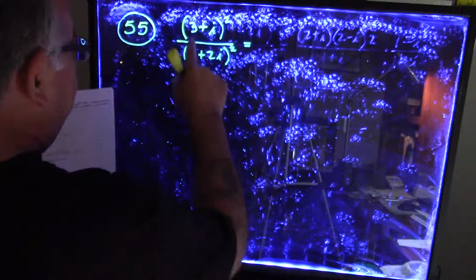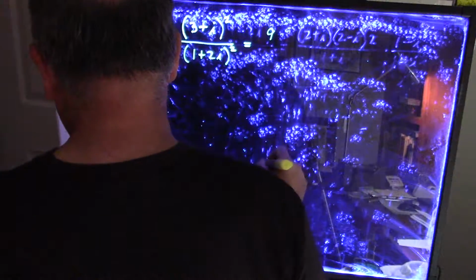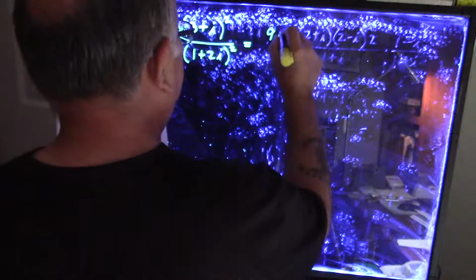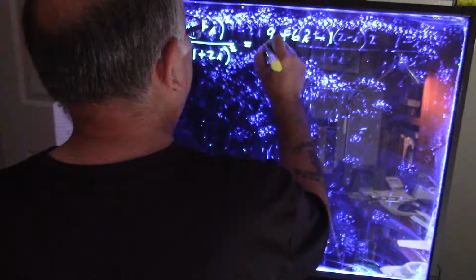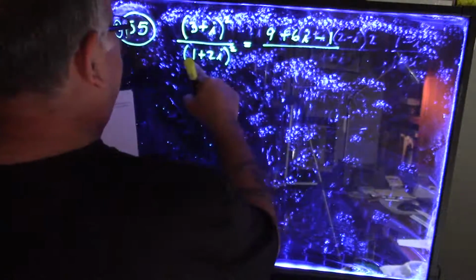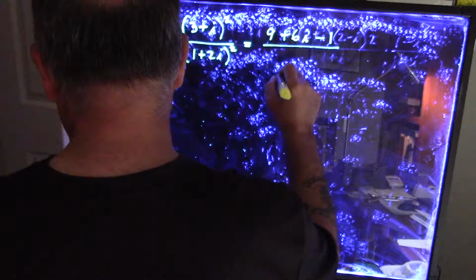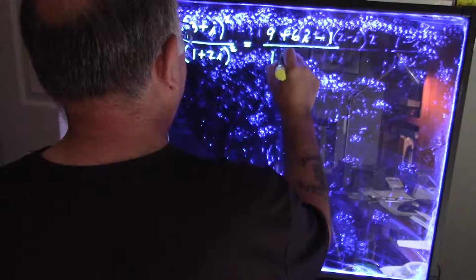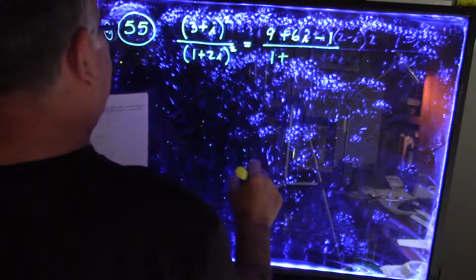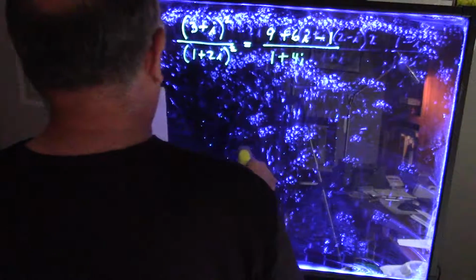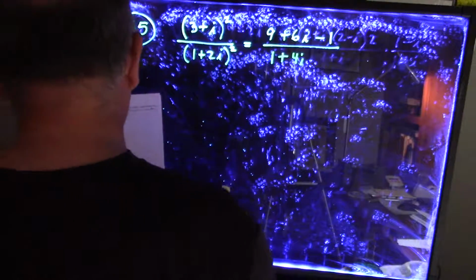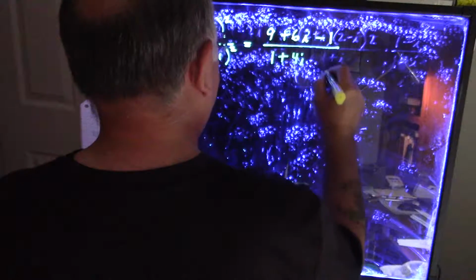Alright, so (a plus b) squared is a squared, that's 9, plus 2ab, that's 6i, plus b squared, which is negative 1. And then again, a squared plus 2ab plus b squared: a squared is 1, 2ab is plus 4i, and then b squared is 4i squared, which is minus 4.